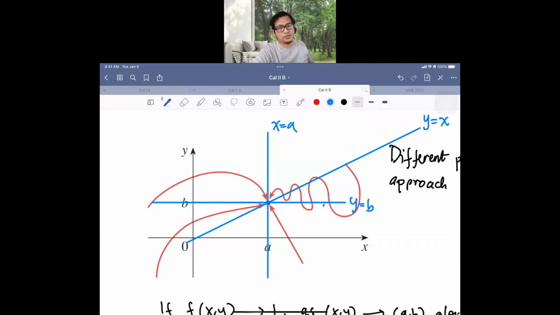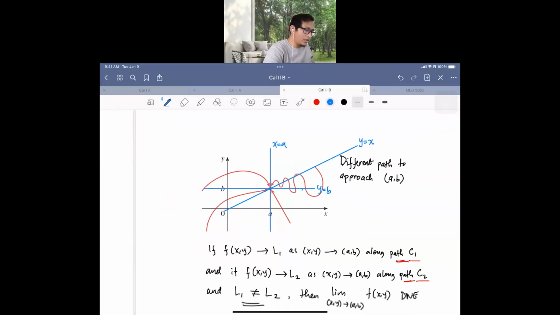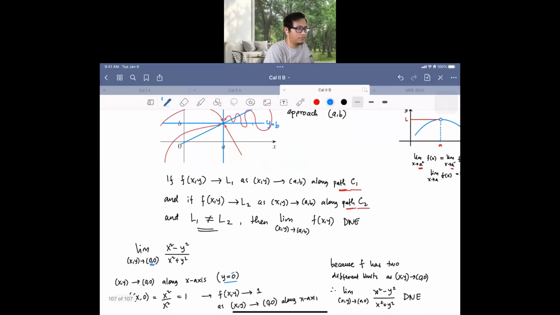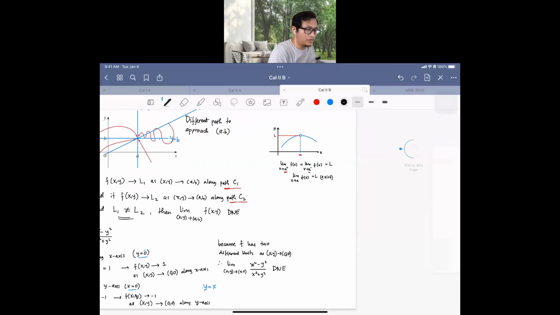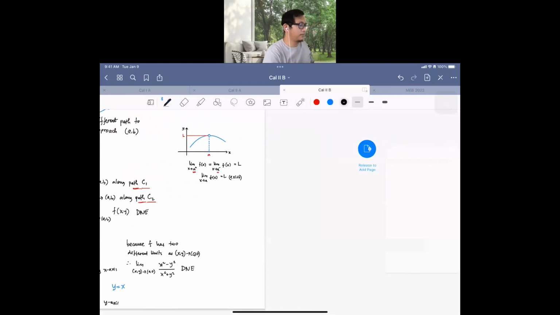We can use several line equations, or maybe a parabolic curve. If we can connect the point to that parabola, it's also okay. But let's take another example to give you more understanding.